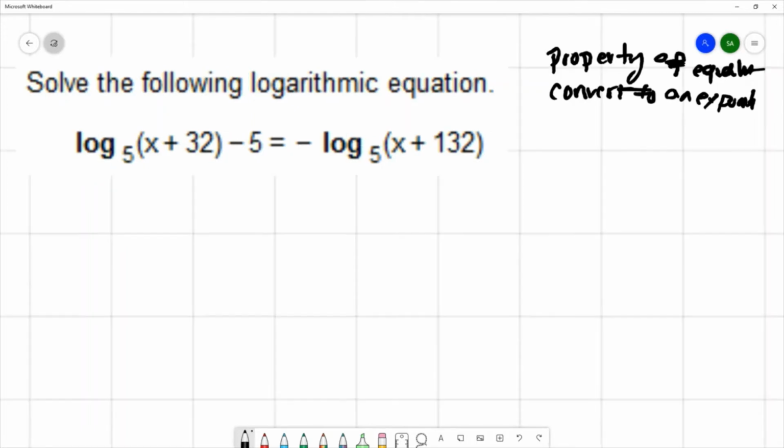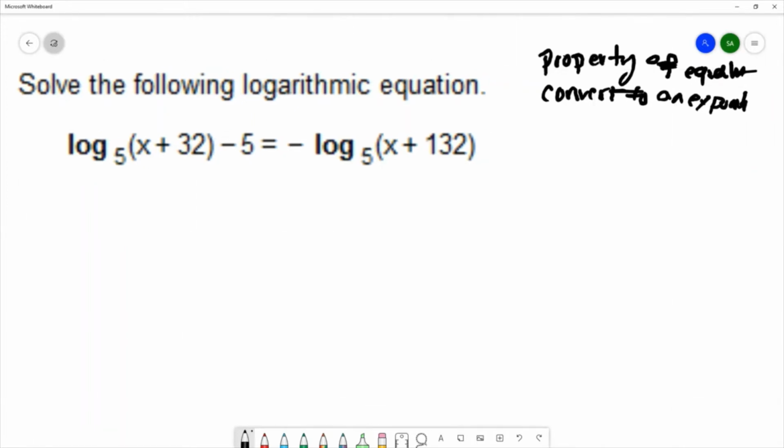When I think about these two strategies, the property of equality requires that I have a log base b on the left and log base b on the right. And when you have that, you can say that m equals n. What's inside the log on the left is equal to what's inside the log on the right.